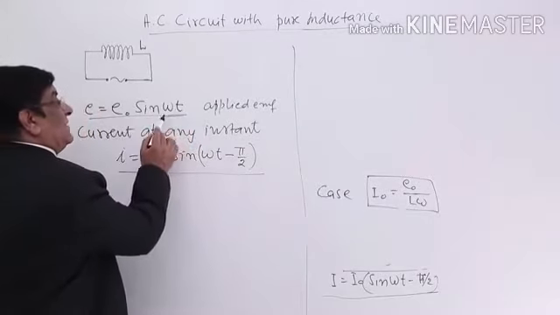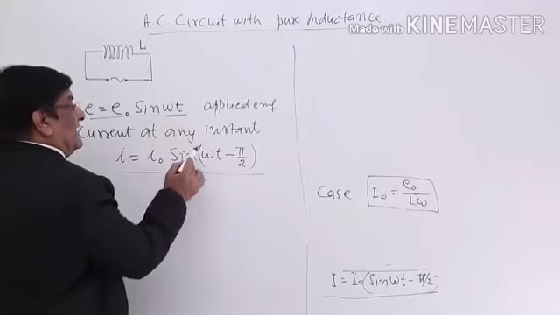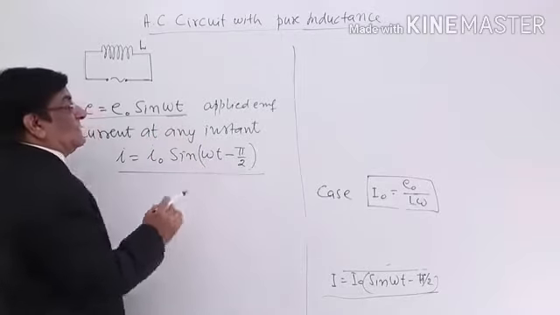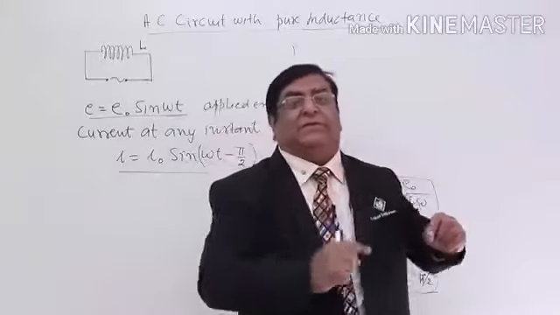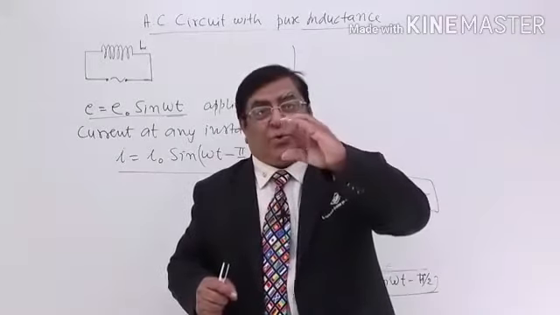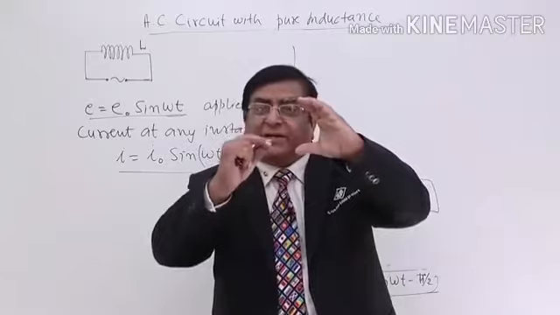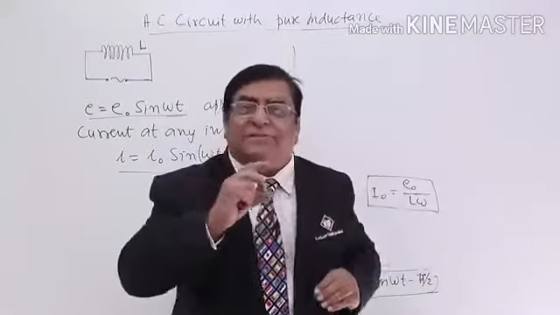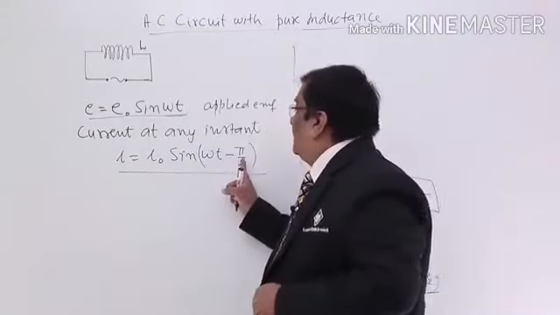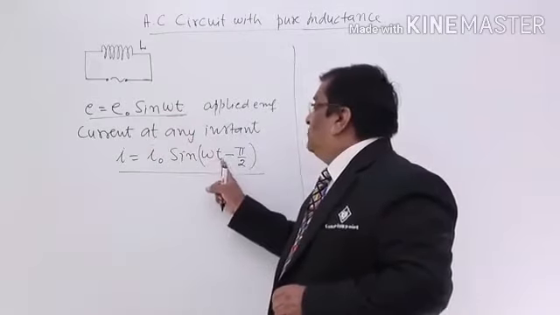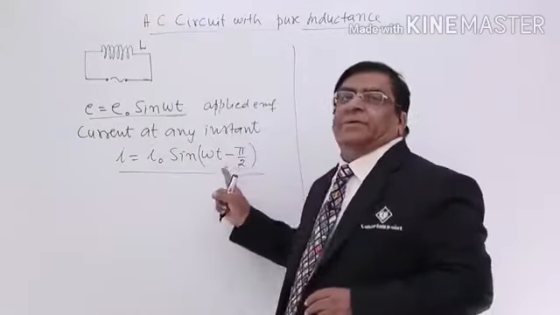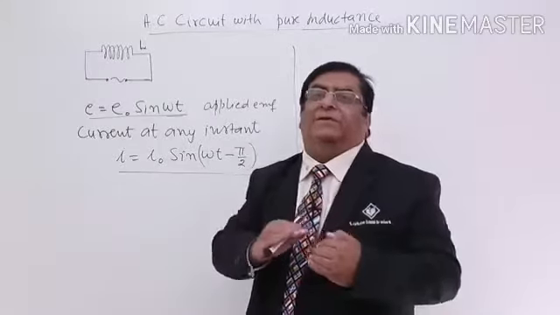At the same time t, this has phase omega t and this has omega t minus pi by 2. That means I is behind E. First E grows, after that I grows. And how much is the phase difference? Pi by 2 is the phase difference. So it is always behind EMF.